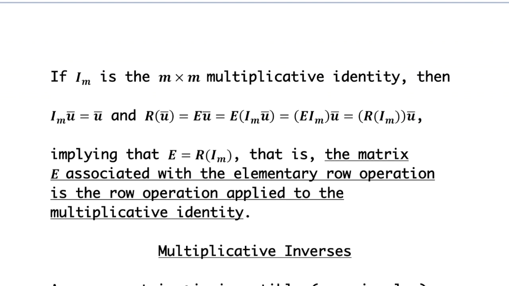Since this holds for all u, this means that E is the elementary row operation acting on the matrix I. The matrix E associated with the elementary row operation is the row operation applied to the multiplicative identity of appropriate dimensions.